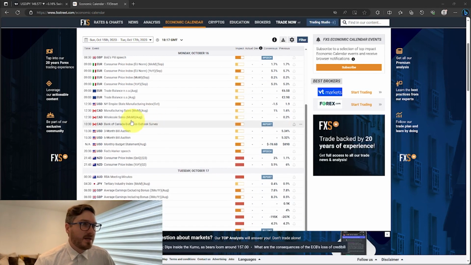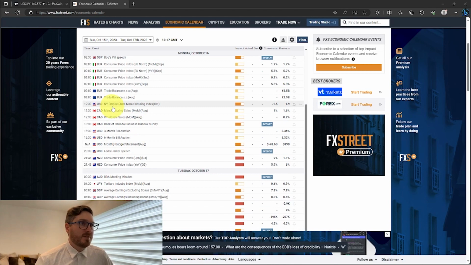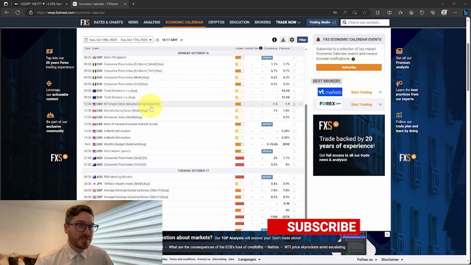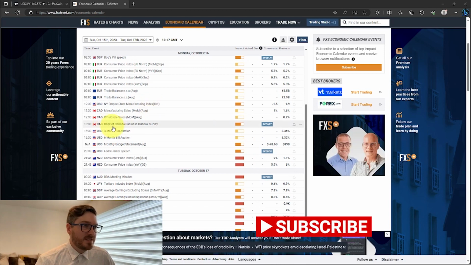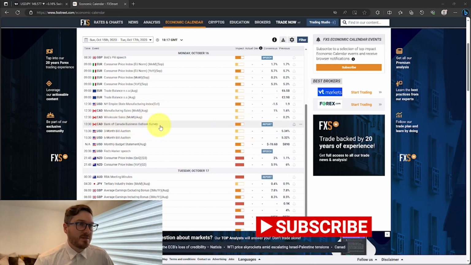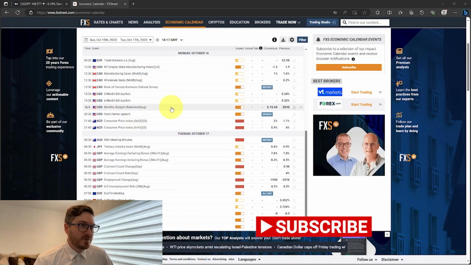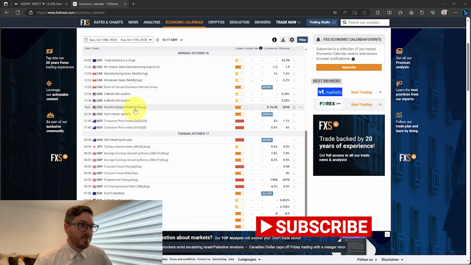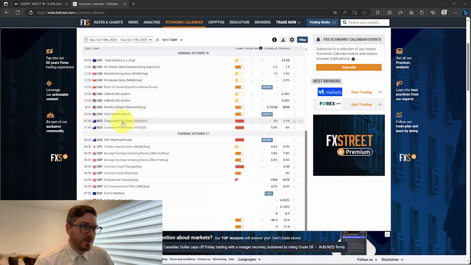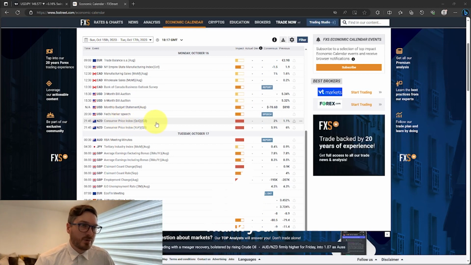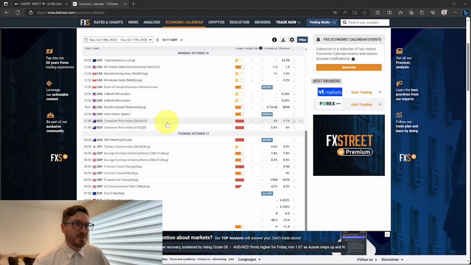Same thing, US dollar, look out for the NY Empire State Manufacturing Index, also on Monday, October 16th. CAD, Bank of Canada Business Outlook Survey. Watch out for that. And then we're also going to have the US dollar monthly budget statement for August, and Fed's Harker speech on Monday also. Also look out for the New Zealand dollar CPI coming out for Q3, and that's going to be on Monday as well.